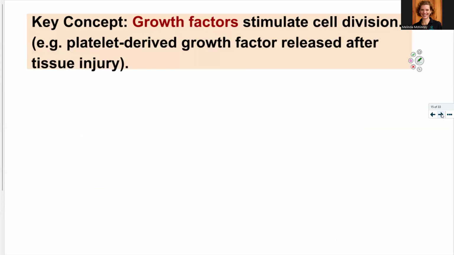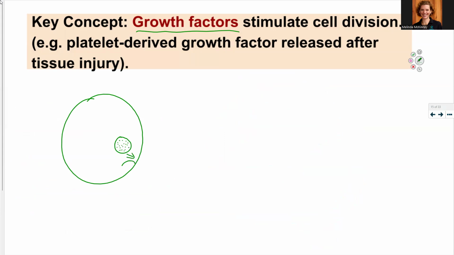Growth factors. So I mentioned these earlier as one of the determinants in the checkpoint. So for growth factors, they are going to stimulate cell division. So here's a cell and it may produce growth factors. Okay, maybe this is a cell that's going to create some hormones.